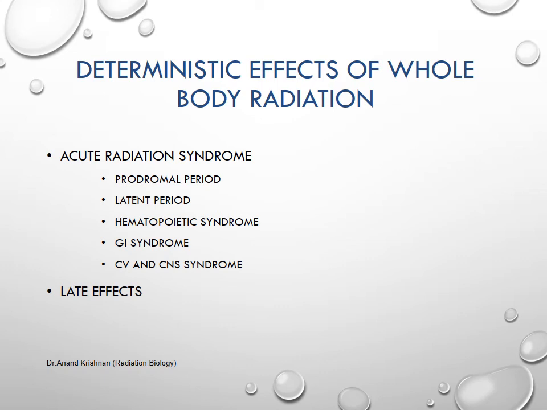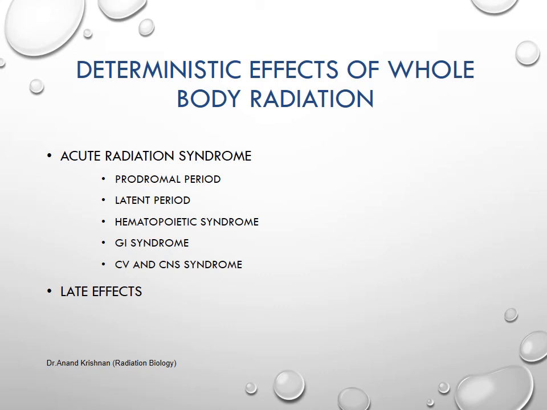So the bone marrow syndrome, or the hematopoietic syndrome, the gastrointestinal syndrome, and the cardiovascular or central nervous syndrome are called the three classics of acute radiation syndromes.